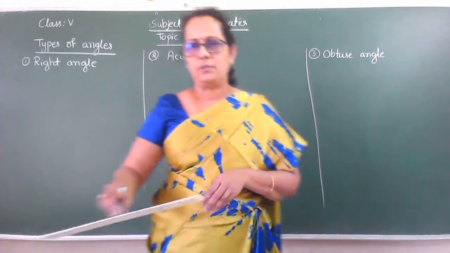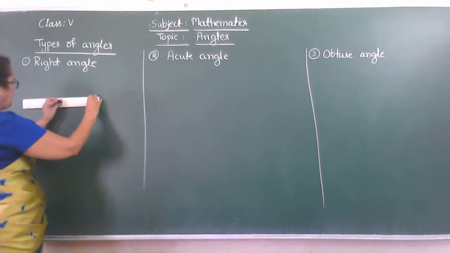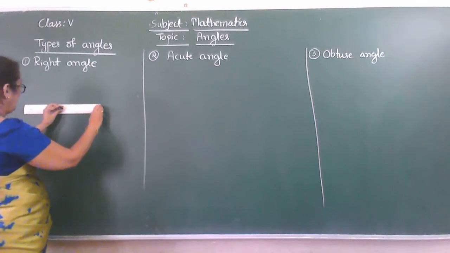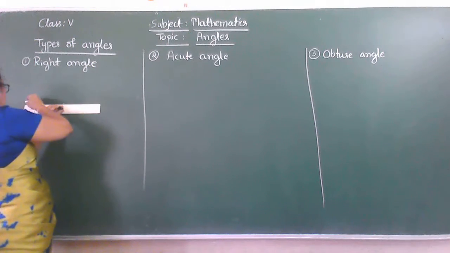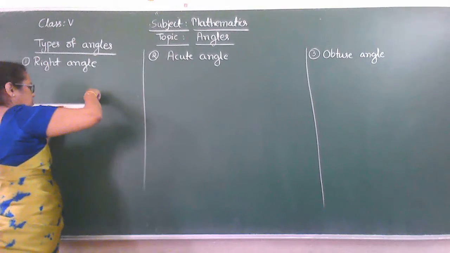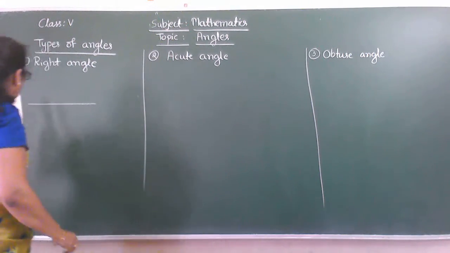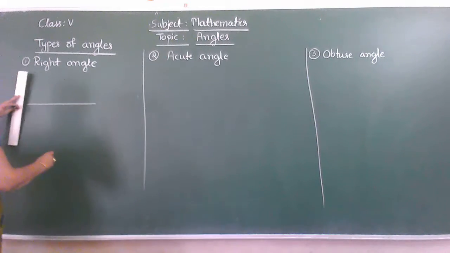Okay. So, to draw this right angle, use a scale, like this. Now, draw a line. It should be a single straight line. Then draw one more line.